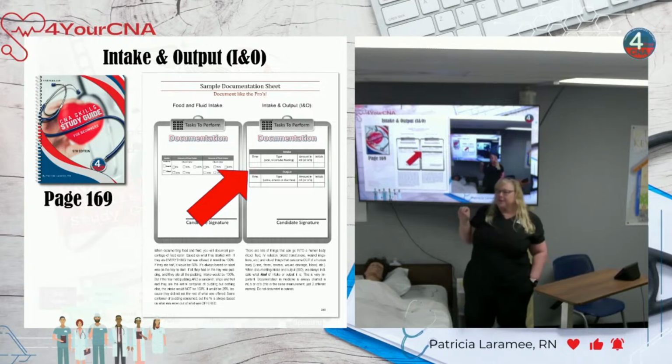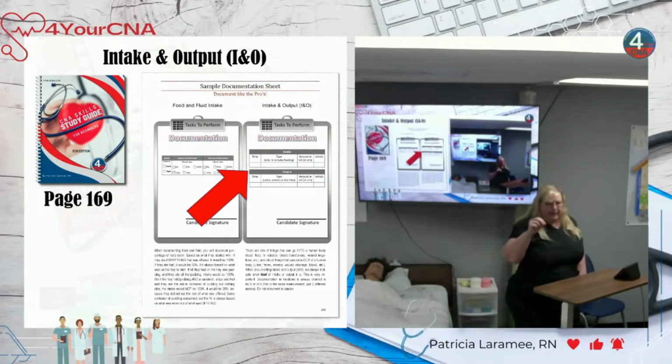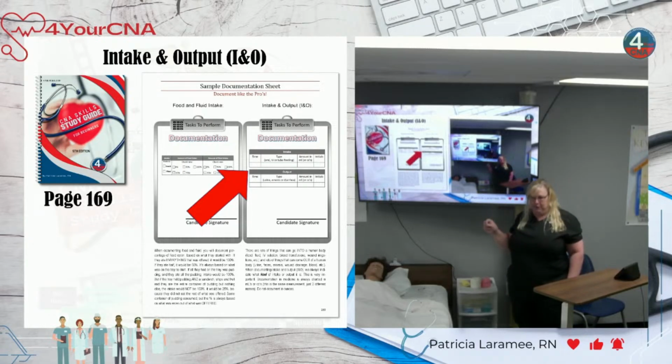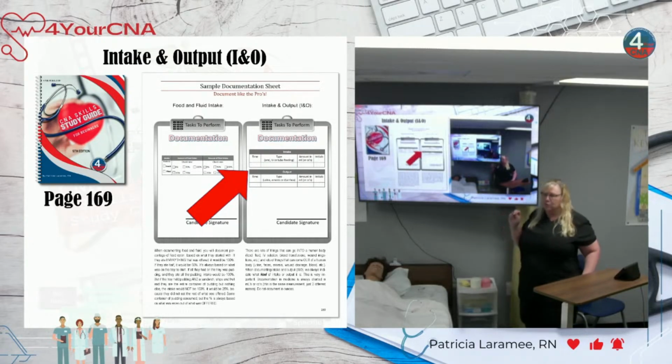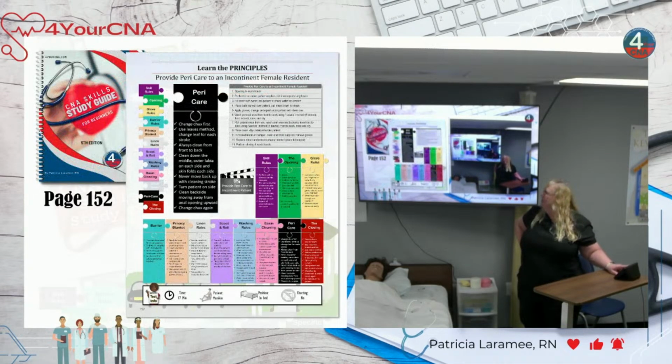We're going to talk about that on Monday. You don't want to say that this person had 240 cc of apple juice as output. Good. I have a whole lesson on intake and output on page 107.